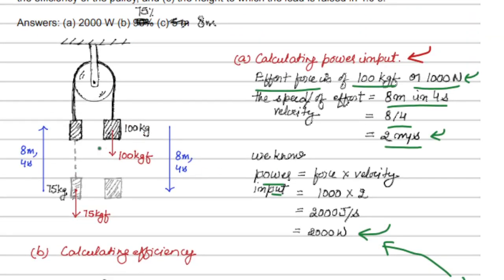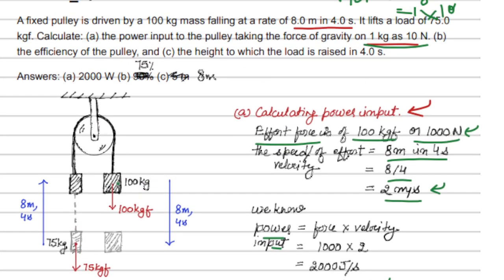And also, if you see for the fixed pulley, if I take this down, because the rope cannot be stretched, whatever distance I am taking it down, the load will move up the same distance. So that is our next question, the height to which the load is raised in 4 seconds. If in 4 seconds this rope is going down by 8 meters, the load has to rise to 8 meter height.